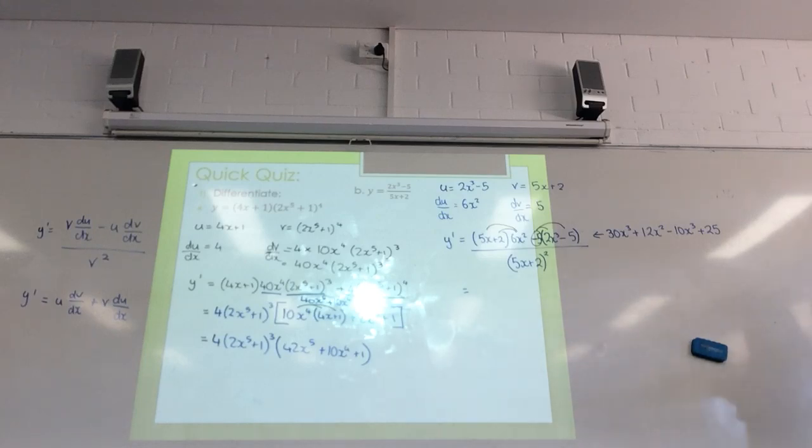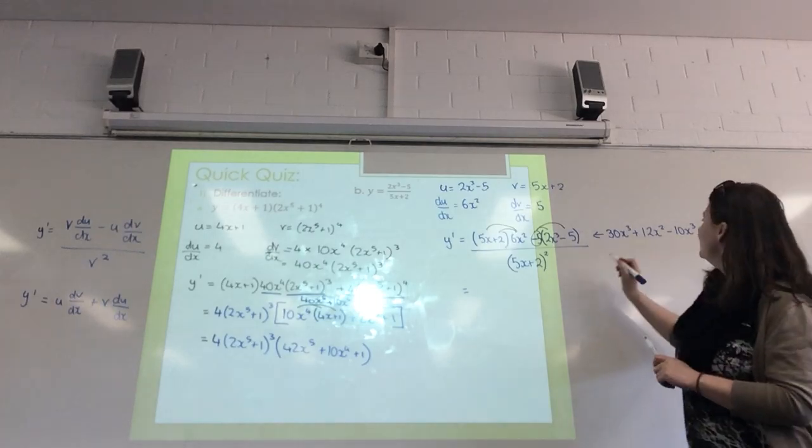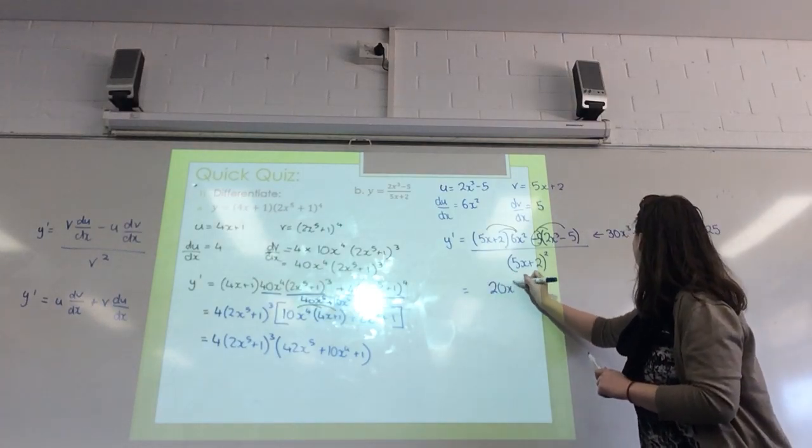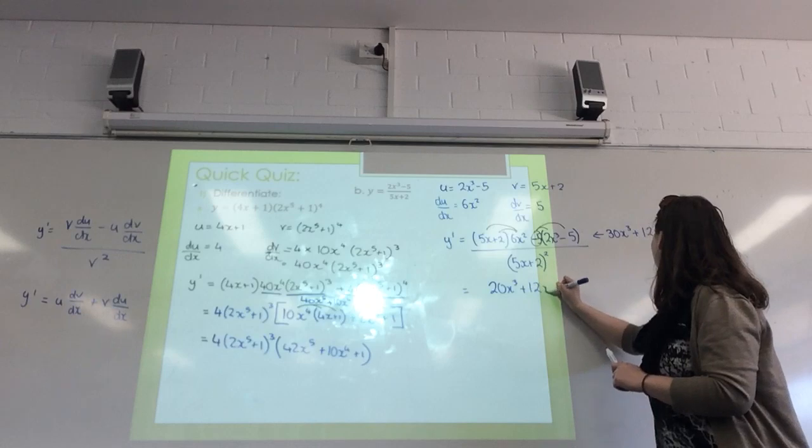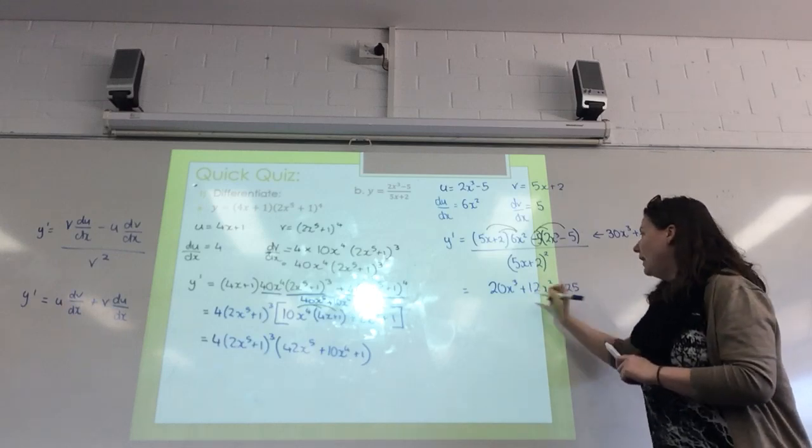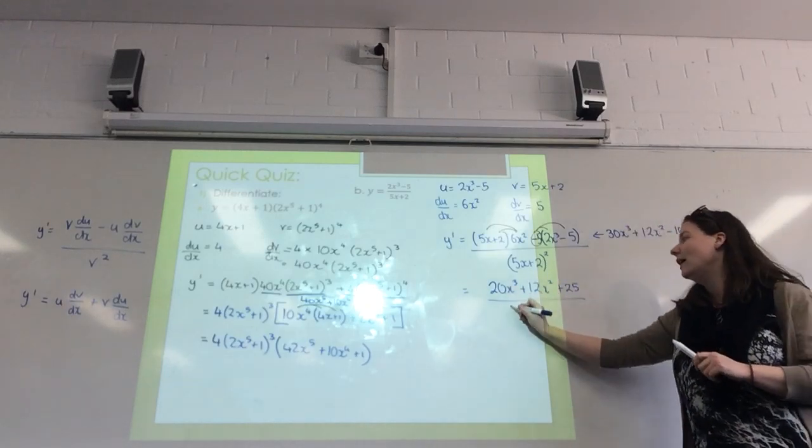I'm looking for opportunities to factorize and cancel, but not really. Usually you'll just stop at simplifying this. So we've got 20x cubed plus 12x squared plus 25. Don't go trying to factorize this.